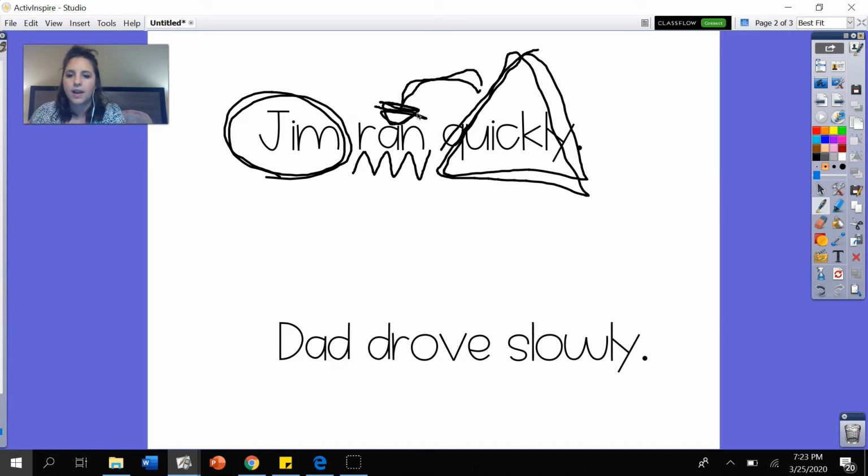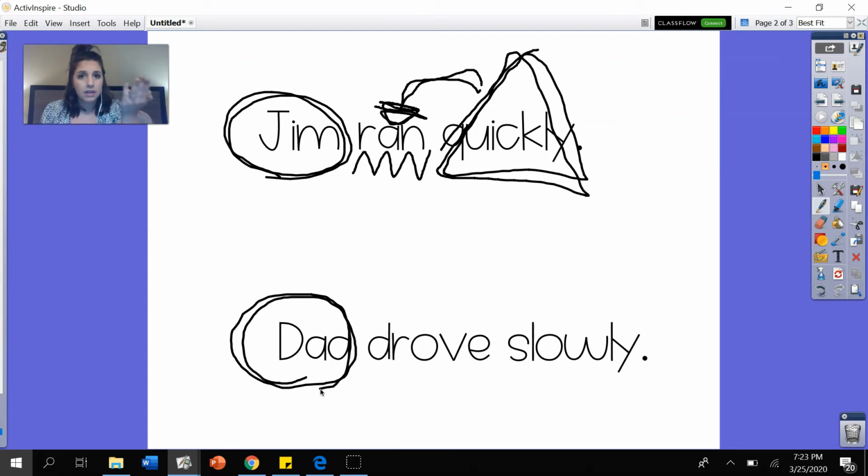The next one, right at the bottom says, Dad drove slowly. Who is this sentence about? Oh, this sentence is about Dad. That's our noun, right? Then what did Dad do? Dad drove, right? And then you have to ask yourself, how did Dad drive?